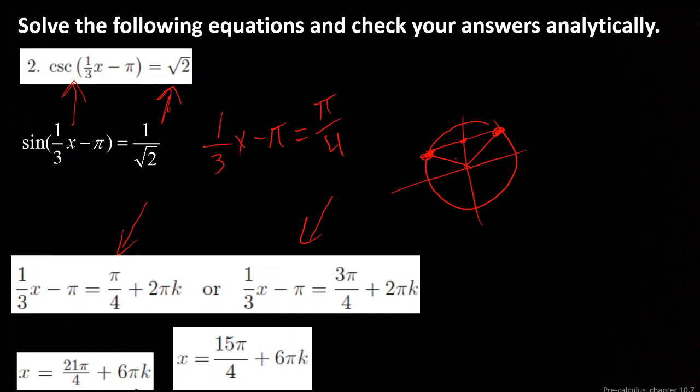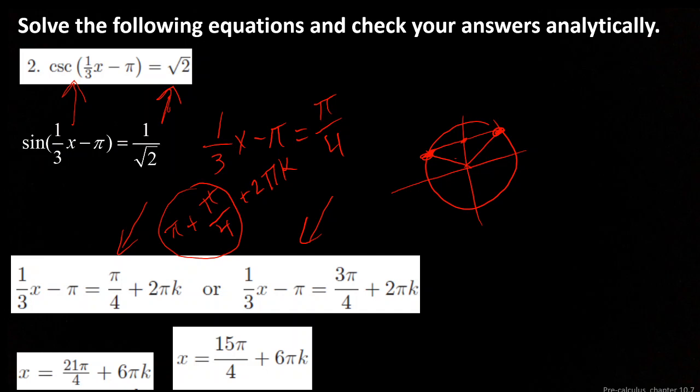And then if you add 2k pi to both of these, and then move the pi to the other side and multiply by 3, that's what you're going to get. Because here, if you move the pi to the other side, it would be pi plus pi over 4 plus 2 pi k. Now that is 5 pi over 4, right?